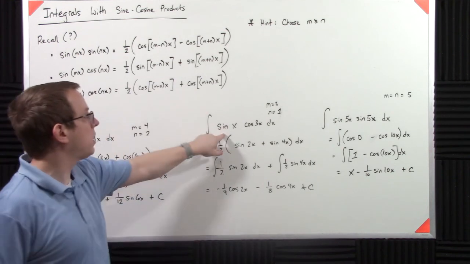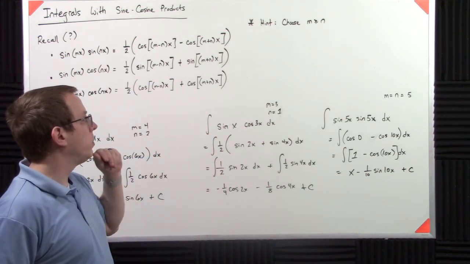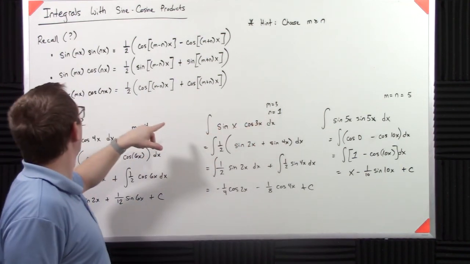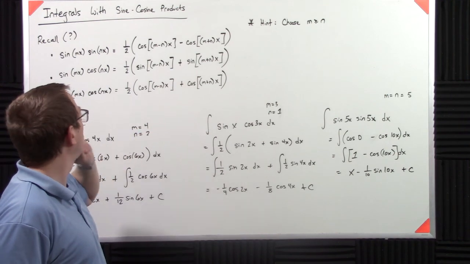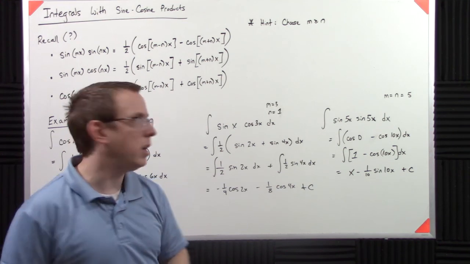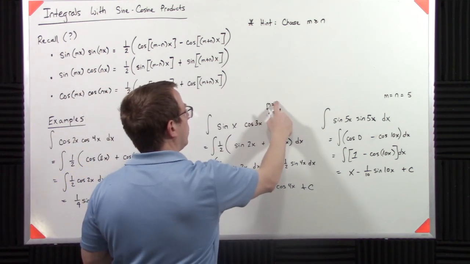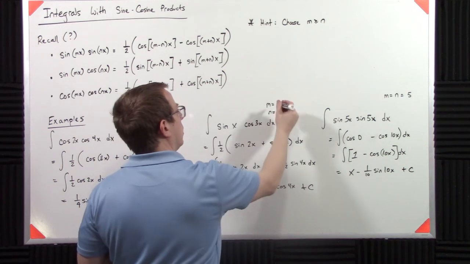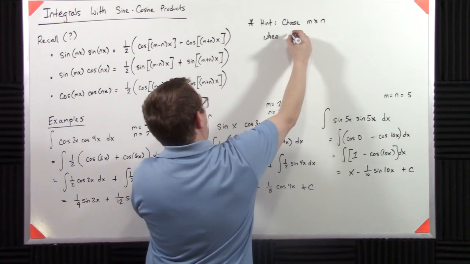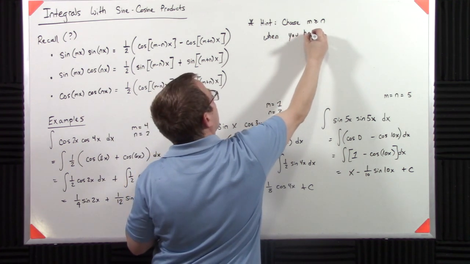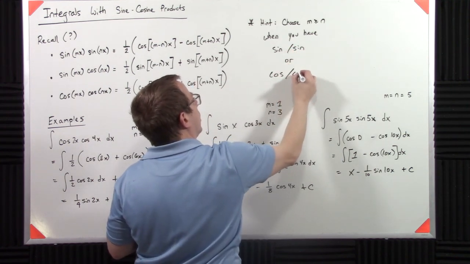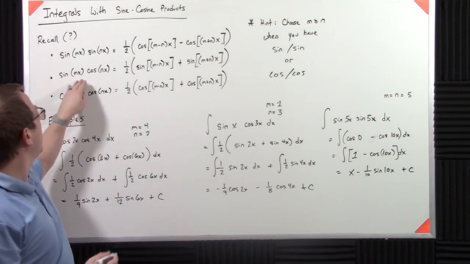The next one, you have sines and cosines mixed together. So again, I'm picking the larger one to be my m. Actually, in this case, I can't, because the formula has me here.